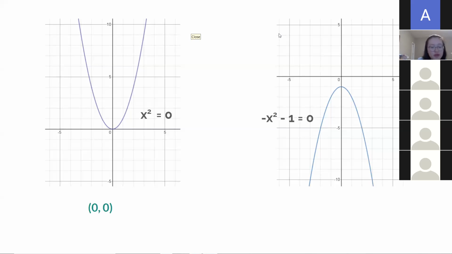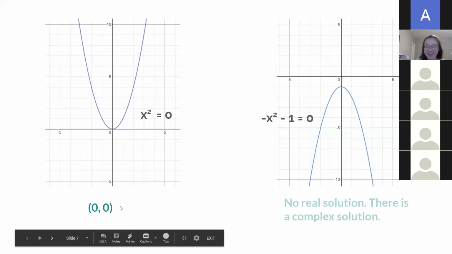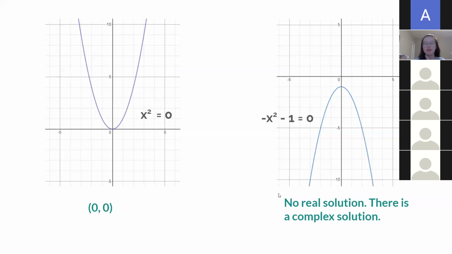Okay, so both of you are correct, but also not correct. This quadratic doesn't have a real solution because it doesn't actually touch the x-axis, and that's where you're correct. But it has a complex solution. So every quadratic has a solution, but it just may not be real.